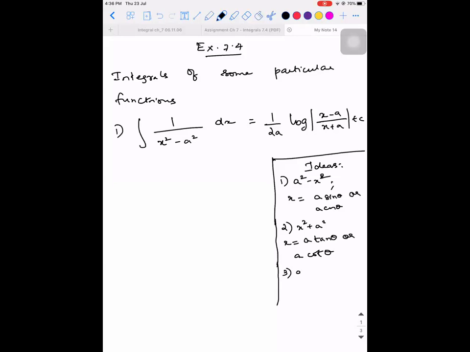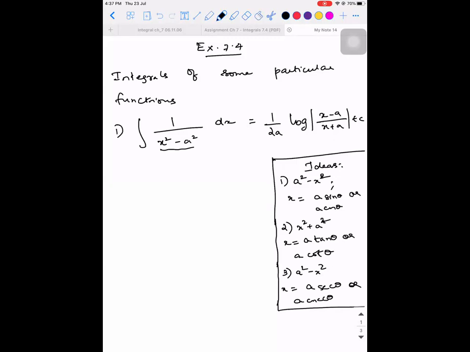Similarly, the third is wherever you see x square minus a square, you put x is equal to a secant theta or a cosecant theta. Sir, you already gave that. For differentiation, I gave it. Okay, then it's fine. Sir, the third one is also a square minus x square.